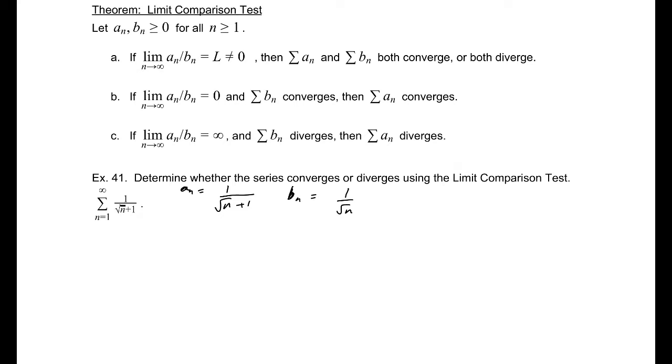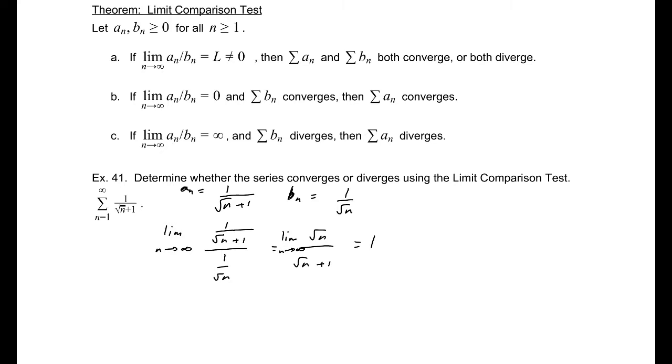So let's go ahead and take the limit of these two. All right, 1 over the square root of n plus 1, over 1 over the square root of n. That is the square root of n over the square root of n plus 1. And that is 1. Okay, that limit there is 1, which means that is not 0.